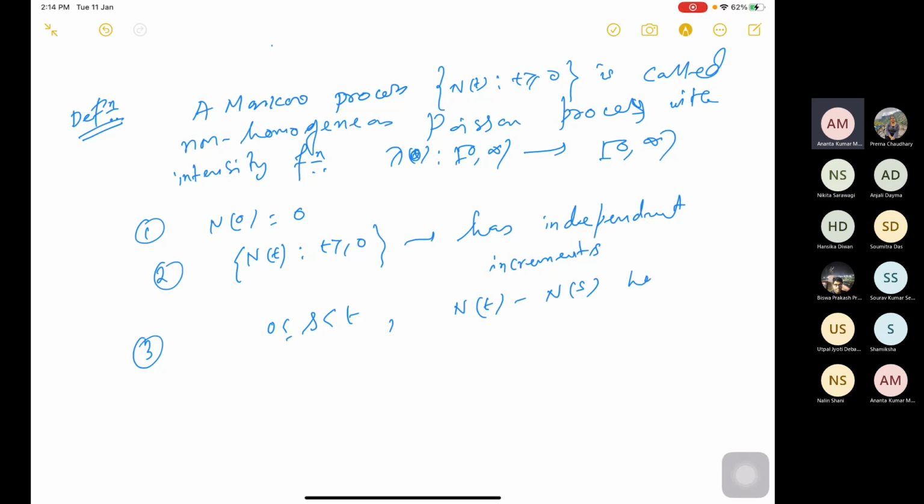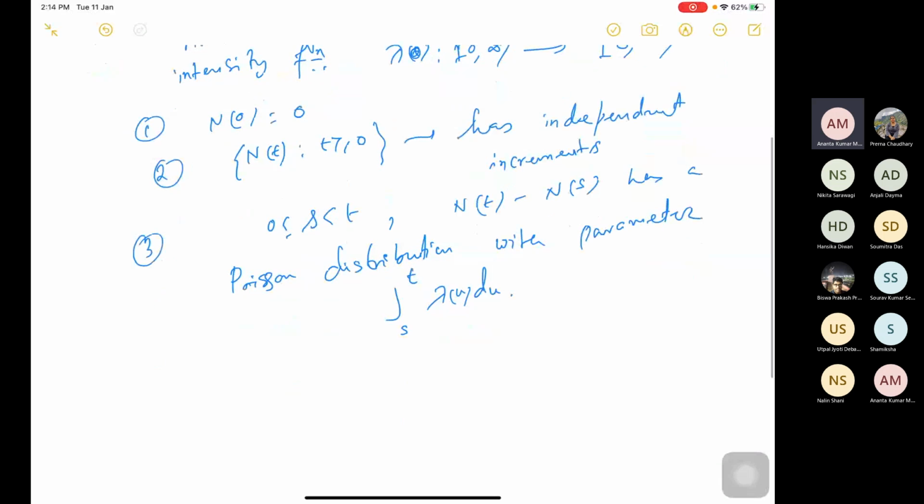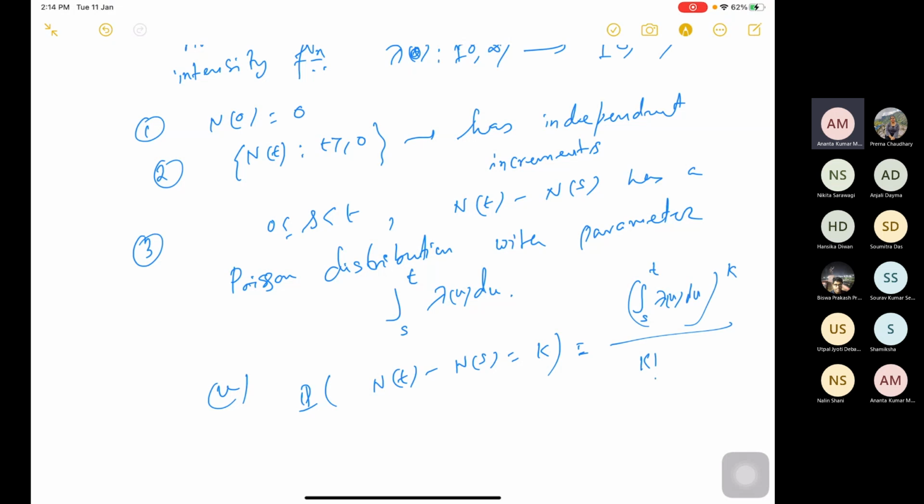It has a Poisson distribution with parameter the integral from s to t of lambda(u) du. So I can write that the probability of N(t) minus N(s) equal to k, since it follows a Poisson distribution with this parameter, is the integral from s to t of lambda(u) du, all to the power k, divided by k factorial, times e to the power minus this quantity, the integral over s to t of lambda(u) du.